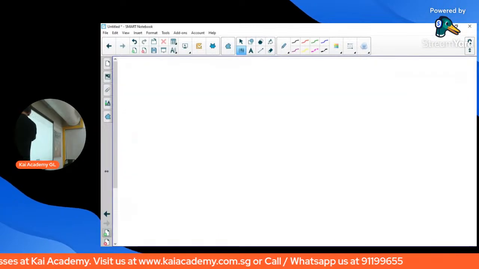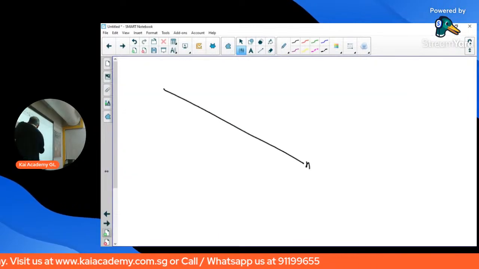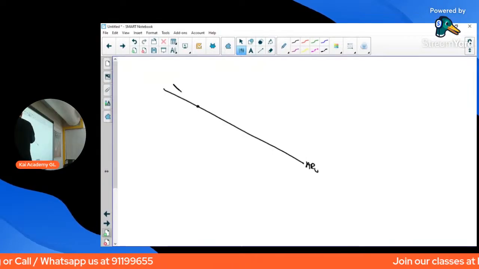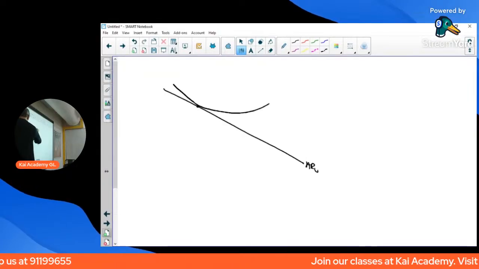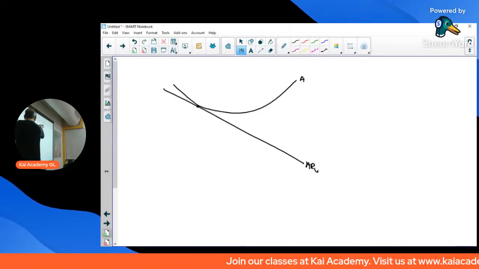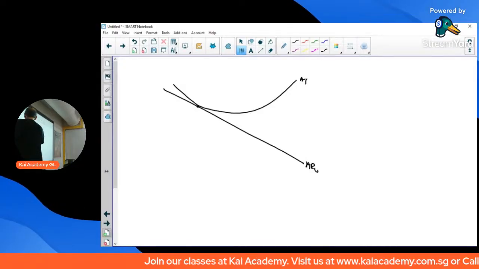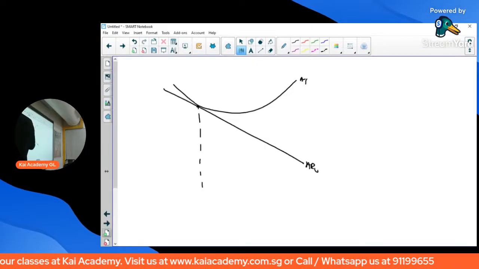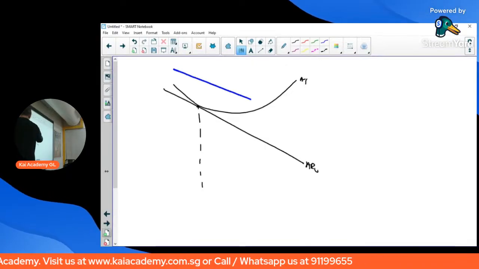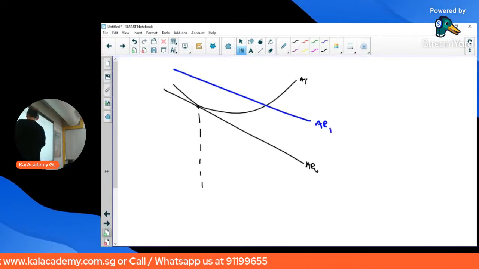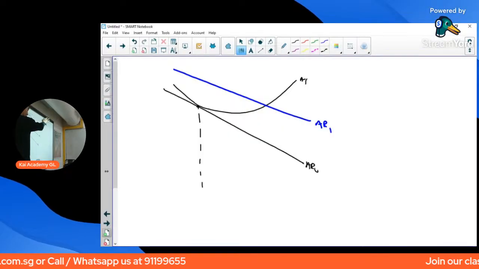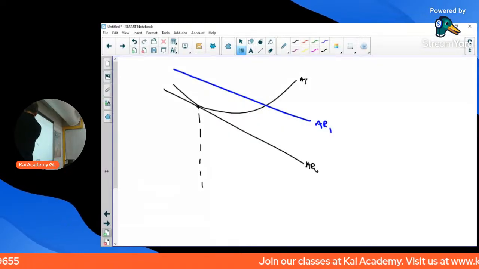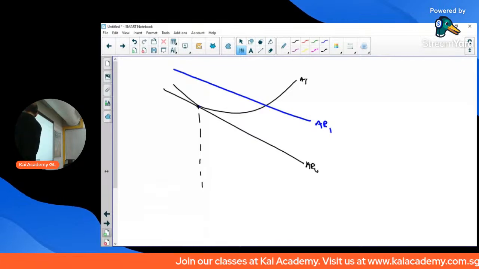Okay, so this was my original AR. This is my profit max point. This has to be a tangent, right? So when your AR curve shifts to the right, I get to a new profit position. But when my AR curve shifts back in, if it's a parallel shift, it will come back to this same point only.